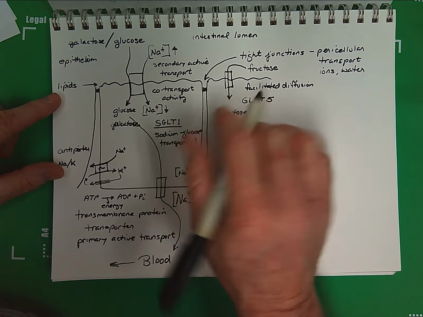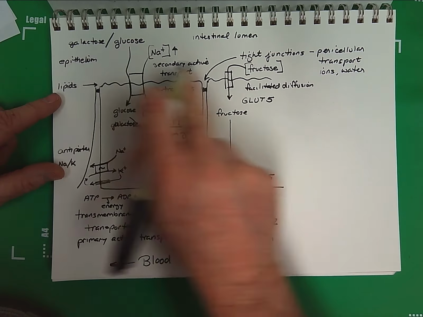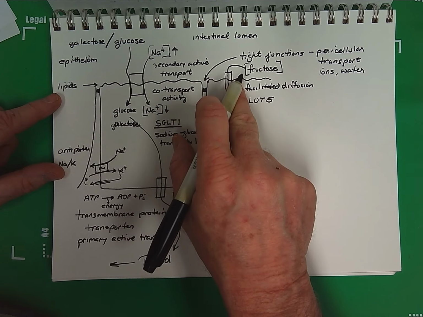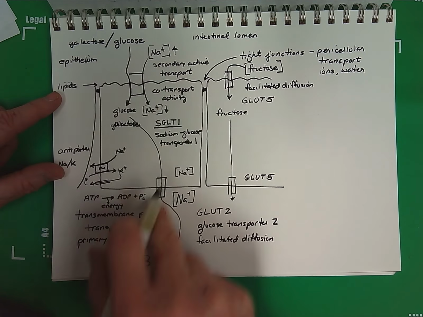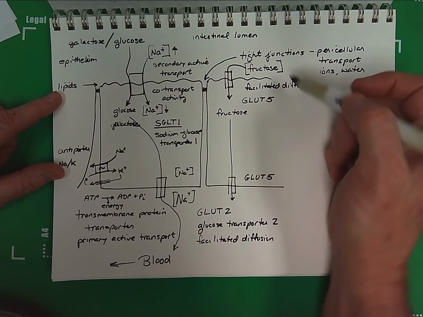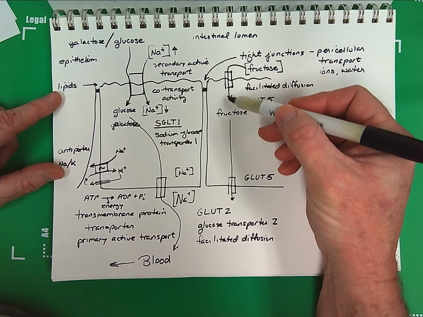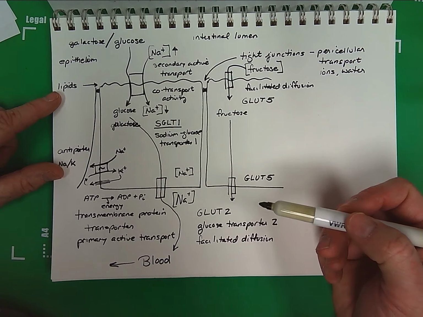This operates strictly because of the concentration of fructose. There is no active transport. There is no primary active transport using ATP. There is no secondary active transport using a gradient established by ATP. The fructose simply has a high concentration in our lumen, and it will transport into the intestinal cell and then through into the blood by GLUT5.